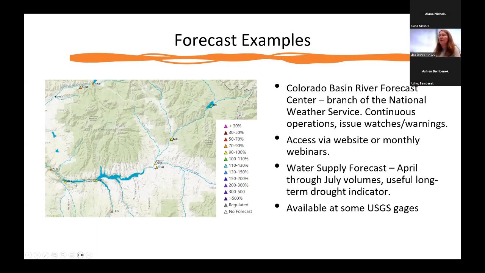And then we've got, of course, Blue Mesa Reservoir itself. The triangles are color-coded by where they think we're going to be. So right now they're forecasting essentially a just below average year. So we're in the 90 to 100% range for that water supply forecast, again, that April 1st through July 31st volume. It's available at some of the long-term USGS gauges.